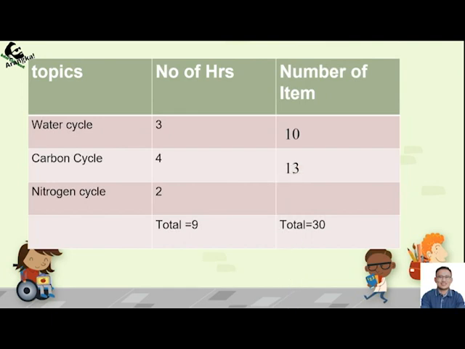For nitrogen cycle, we have 2. So, what's the total number of items if it has 9 total hours and 30 total number of items? 5, 4, 3, 2, 1. Alright, so 6.6 or 7. If we add all, 10 plus 13 plus 7, we got 30.